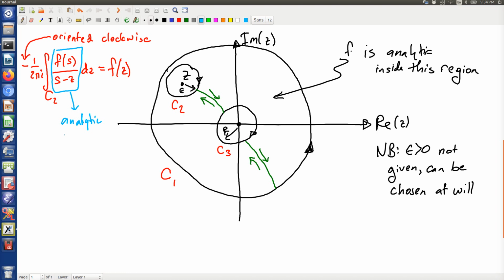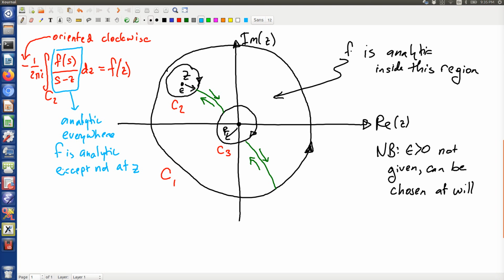So f is analytic everywhere except at z. Given that integrand, really I could apply this Cauchy-Goursat theorem to the whole thing.